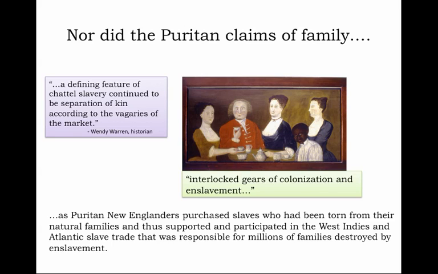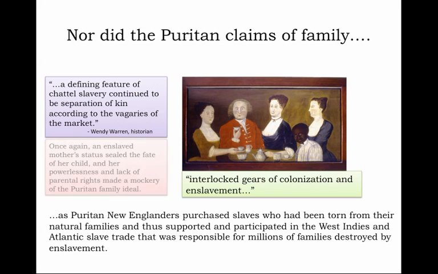And so for all their talk of the sanctity of the family, the Puritans had absolutely no hesitation in exploiting the availability of enslaved persons as laborers and servants, even though it meant fostering an institution that wreaked havoc with millions of families over time, across the Atlantic world.